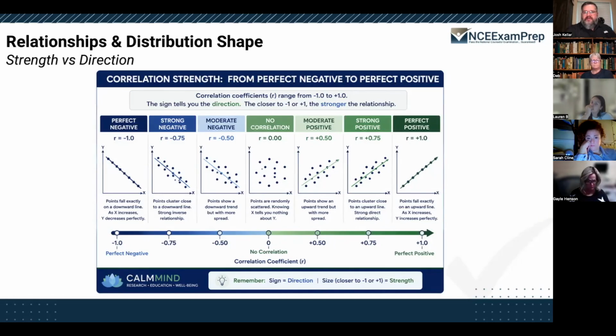So does this make sense? Are there questions about correlations? Yes, it does make sense, especially now that I see the bottom where the negative 1.0 is and the positive 1.0.